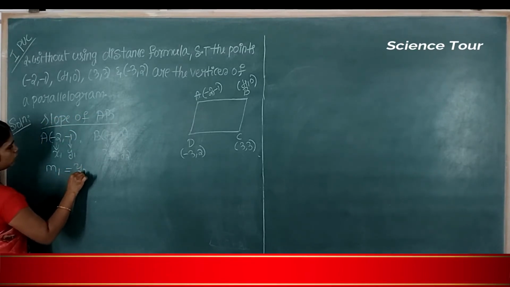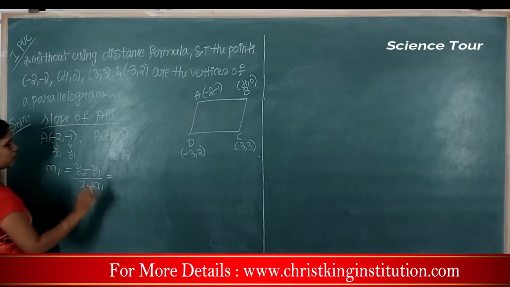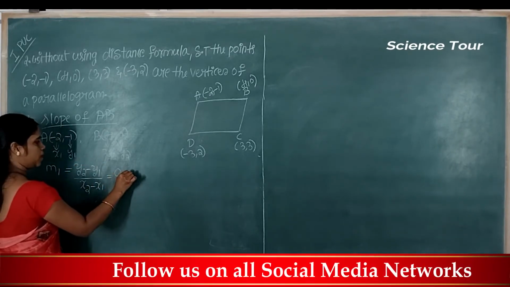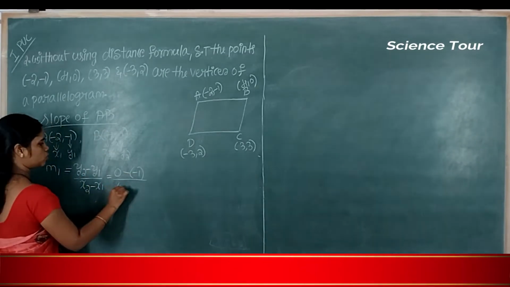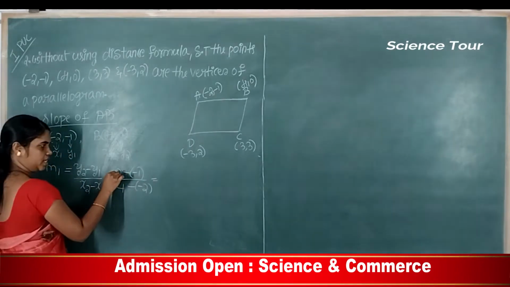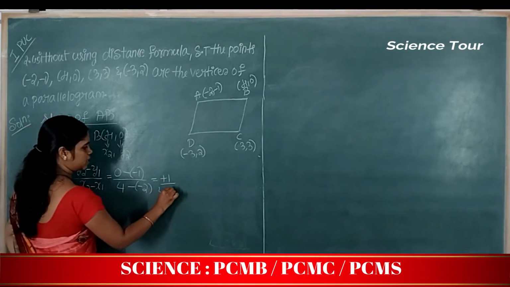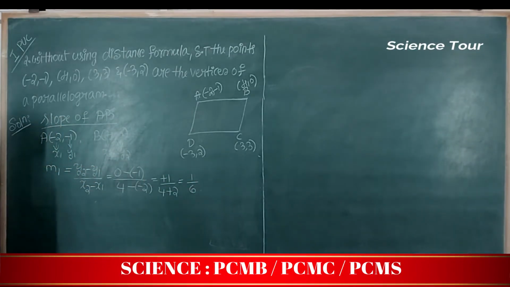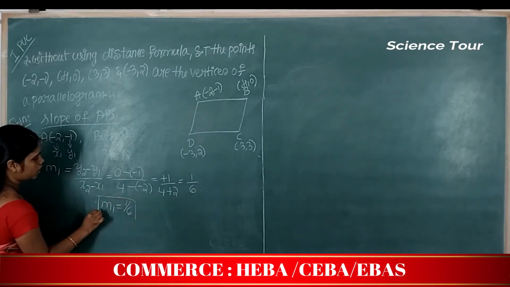It is y2 minus y1 by x2 minus x1. y2 is 0, minus y1 which is minus 1, by x2 which is 4, minus x1 which is minus 2. Minus into minus becomes plus, so 0 plus 1, by 4 plus 2 equals 6. Therefore m1 is 1 by 6.